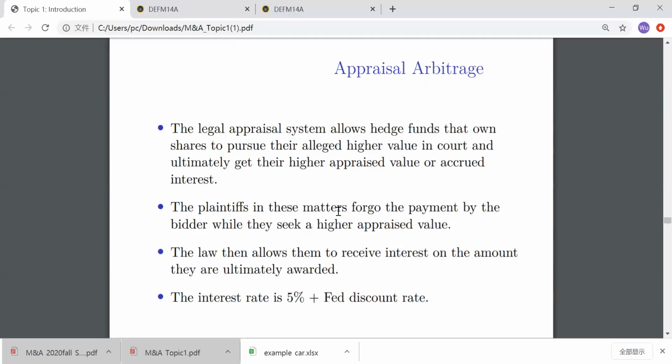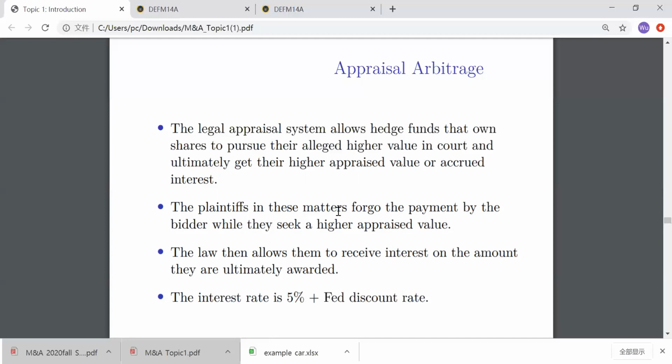For example, they sue the company in court on January 1st, and then they win the case on December 31st. This 1 year of interest is also awarded to the hedge fund, to the plaintiff. And the interest rate is actually quite handsome.